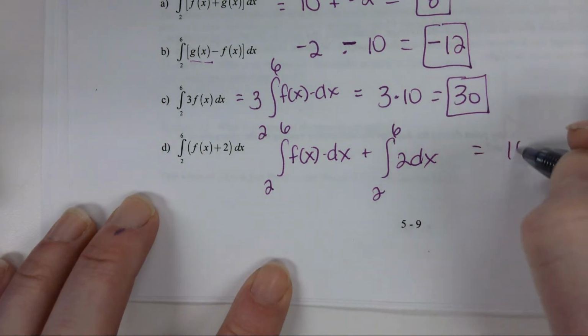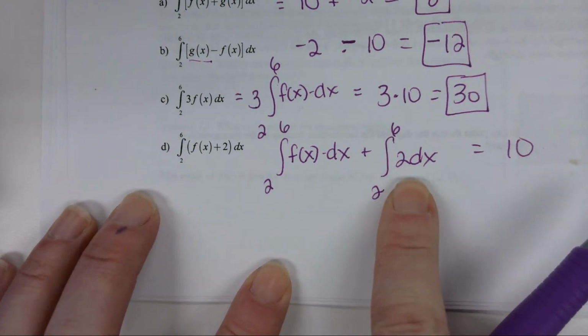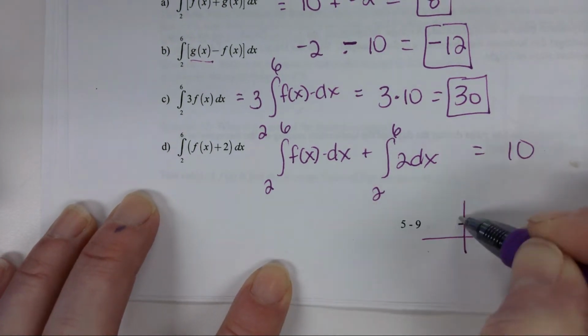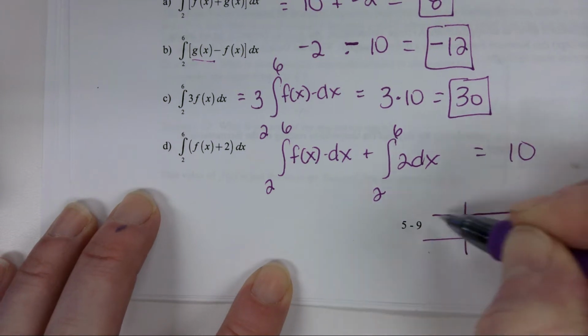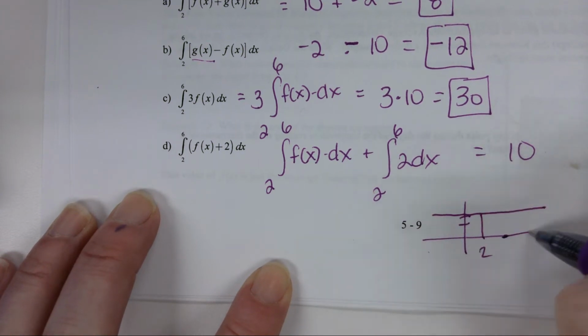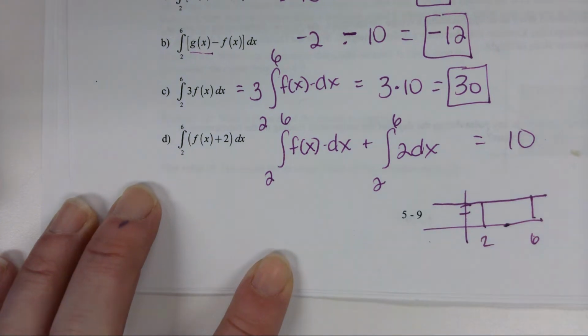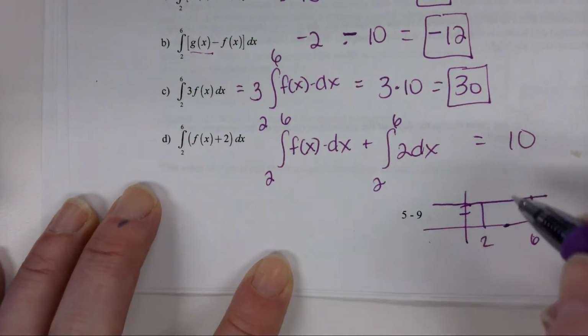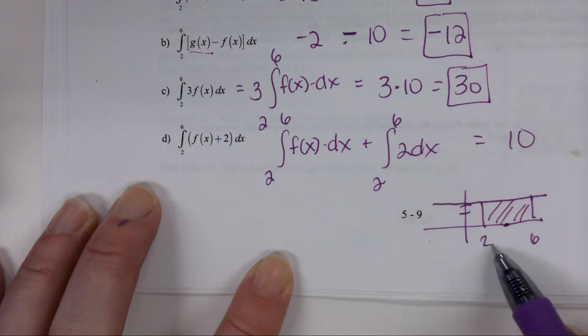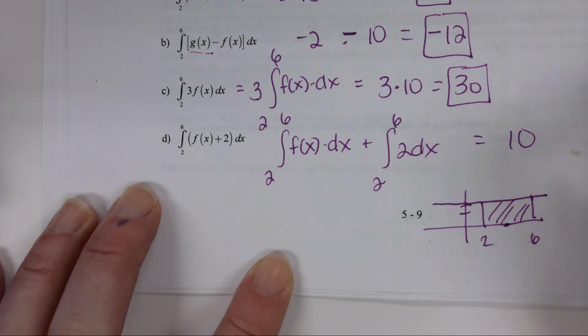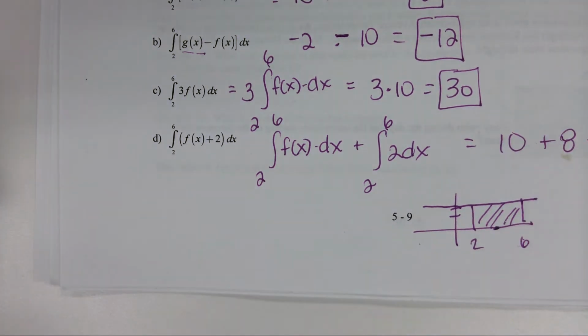Using area, this is a flat line at 2. If I went from 2 to 6, what would be the area under that curve? Yeah, 4 times 2 or 8, right? That would be 18.